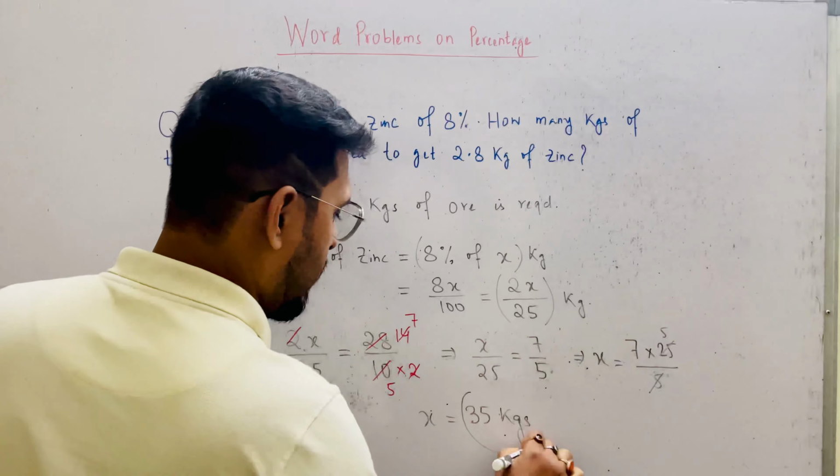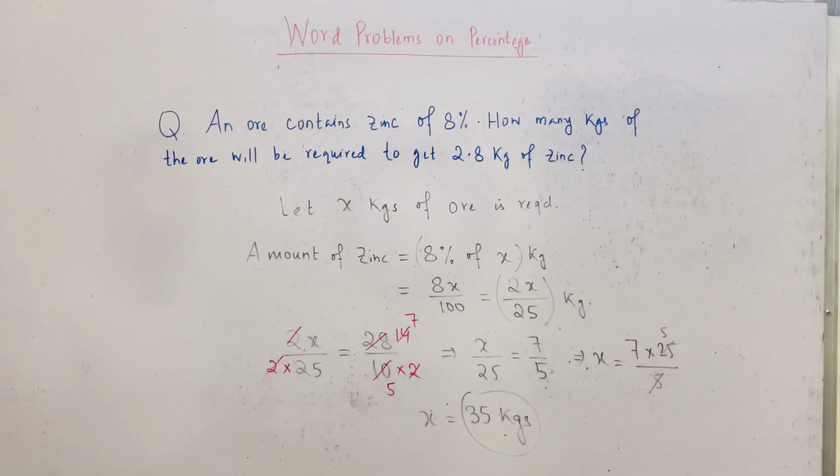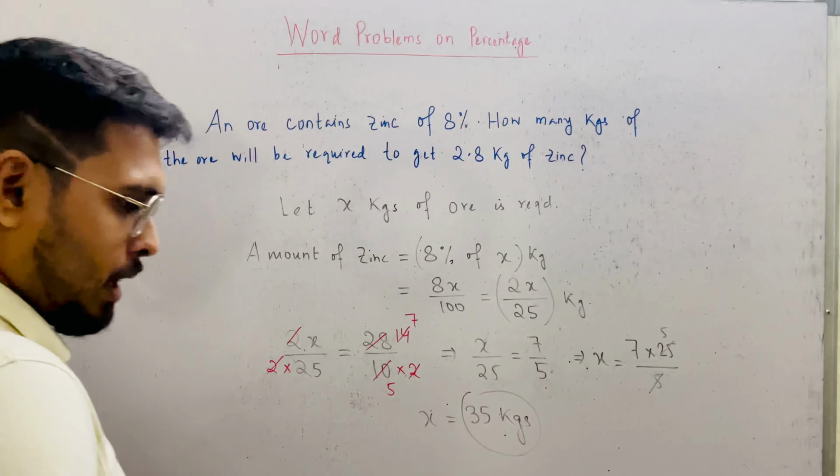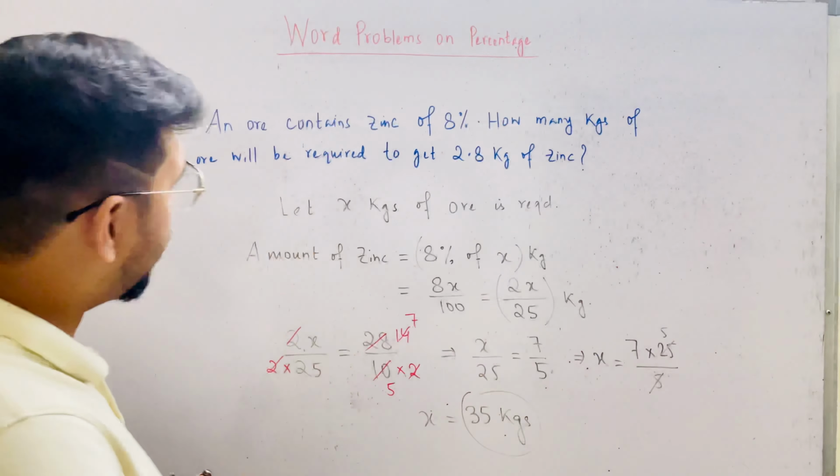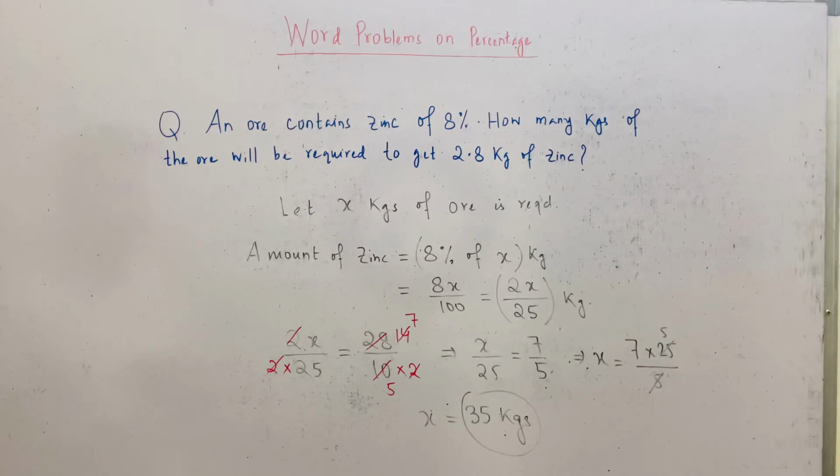So in total 35 kgs of iron ore will be necessary in order to get 2.8 kgs of zinc. So this is the second problem. Next, let us go to the third problem.